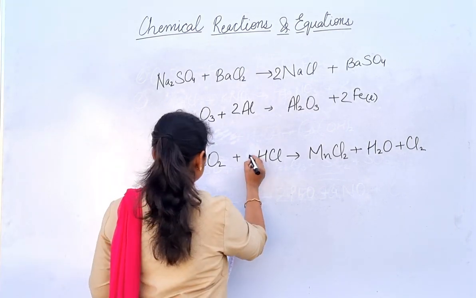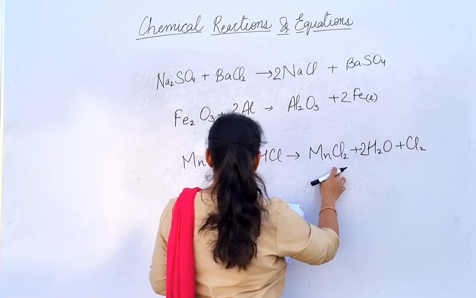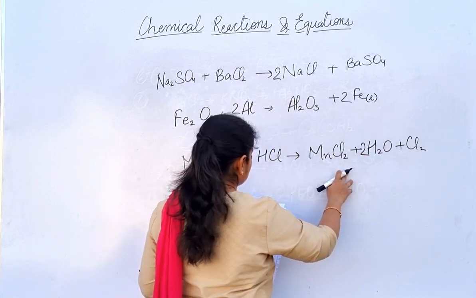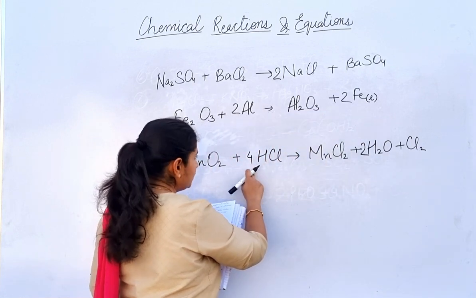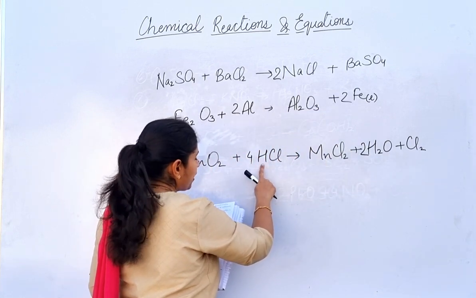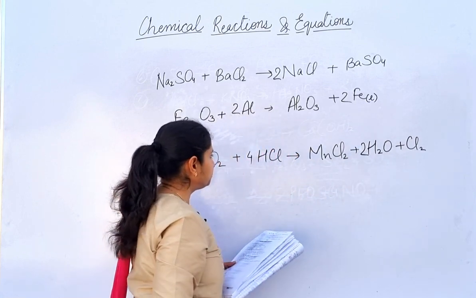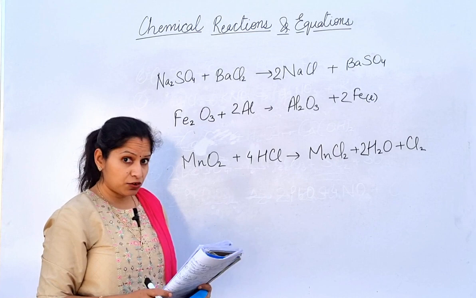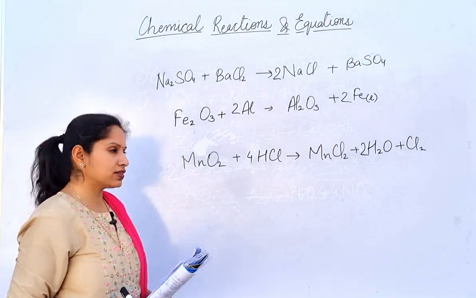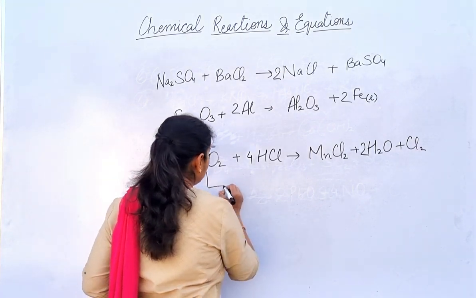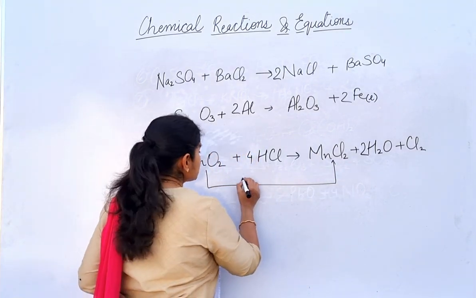So I'll balance it. Chlorine is 4 here, 2 plus 2, 4. So I have to make 4 HCl. Since I've made 4 HCl, it's 4 hydrogen atoms, so it will have to make 2 molecules of water. Remember, this is given in your book as well, that it is a redox reaction. Here MnO2 is getting converted into MnCl2, that is its reduction.